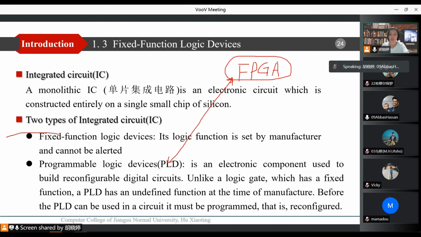Yes, you're right. This class is mostly for back-end embedded systems. By studying this course, you will learn how to design some circuits, and then you can use some hardware language to design your circuit.